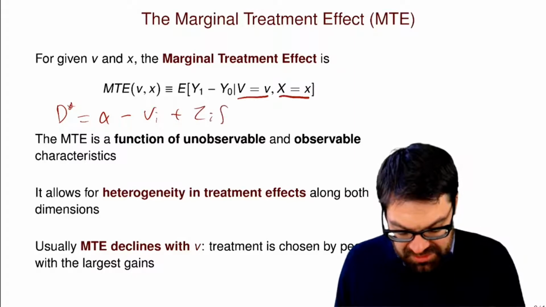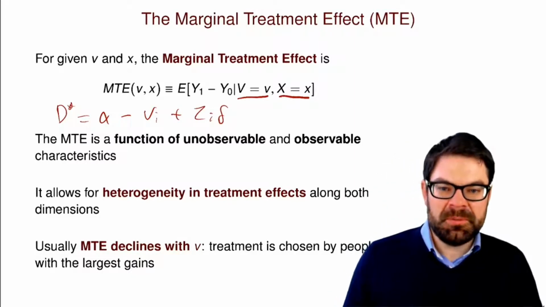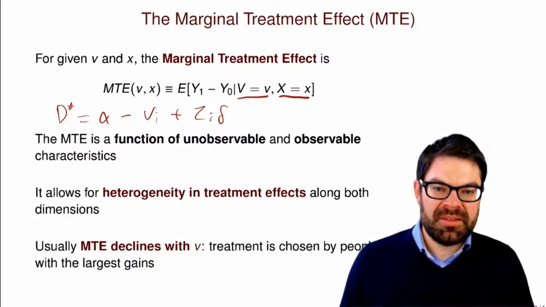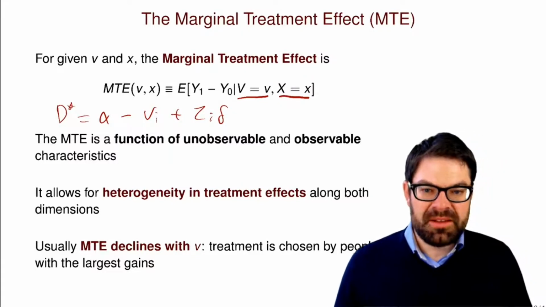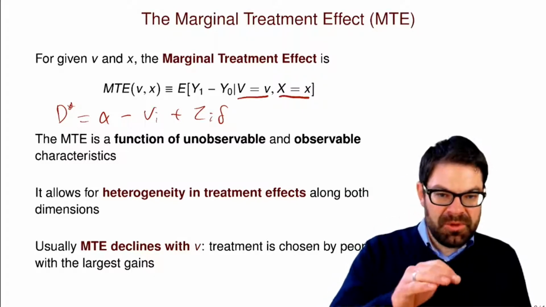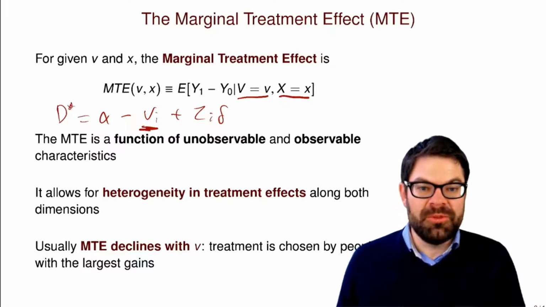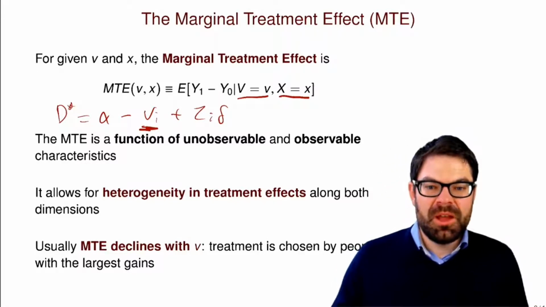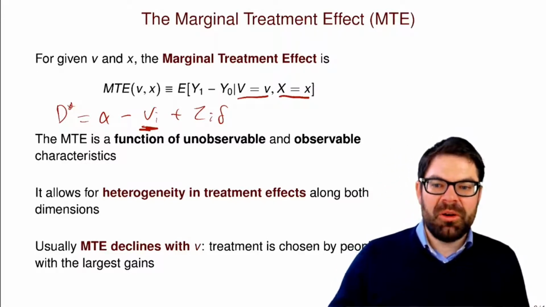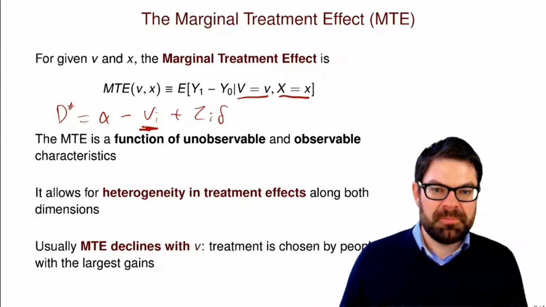What the marginal treatment effect is, is the treatment effect of people with a given level of X and also a given level of V, the cost of choosing the treatment.